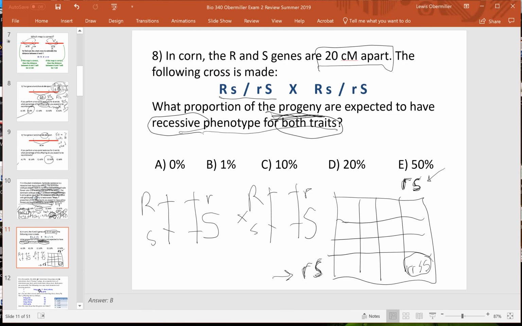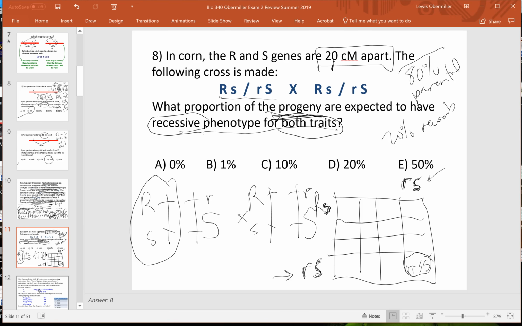Now, what's the probability that this would make the big R, little s? Well, this tells you 80% are going to be parental and 20% are going to be recombinant.